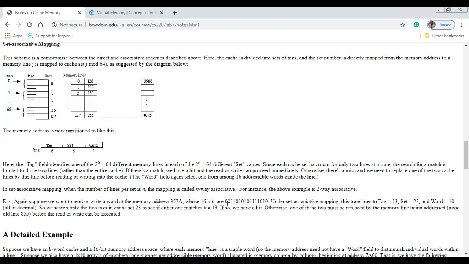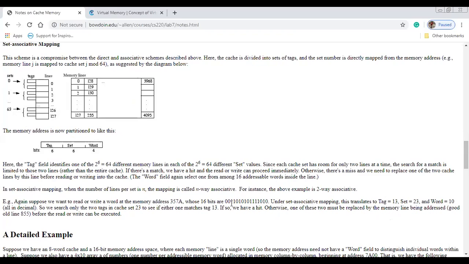So if you calculate the first 6 bits, tag value is 13 and set is 23. So the tag value is 13, and the set you can identify in that cache memory is maximum 23 for this number.